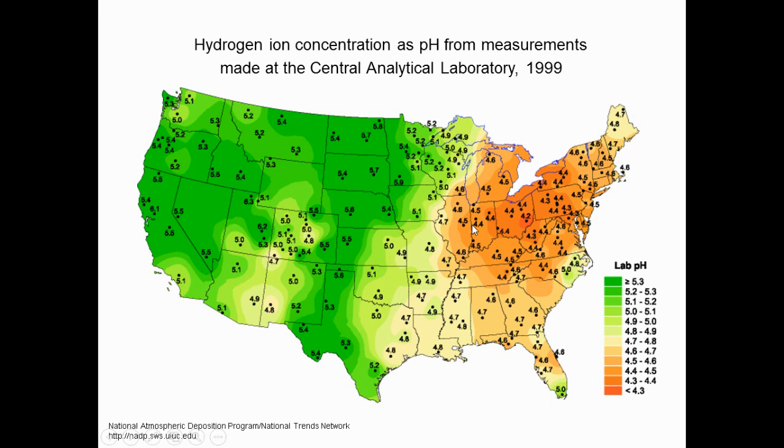The difference between 4.5 and something like 6.5 is 100 times more acid in this Midwest region where we live. So that's something we definitely need to be concerned about. Where is that acid coming from? Because we know it's not good for farming.